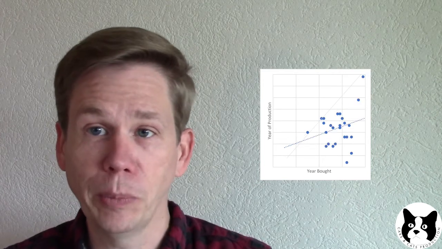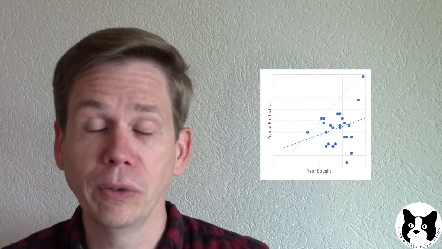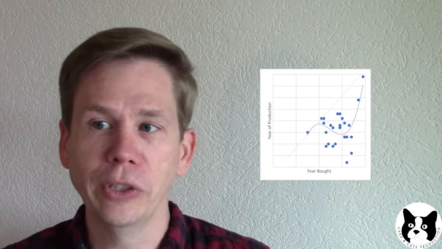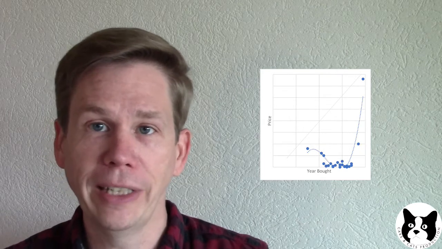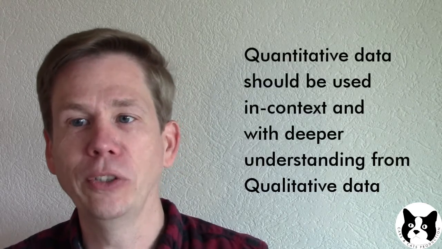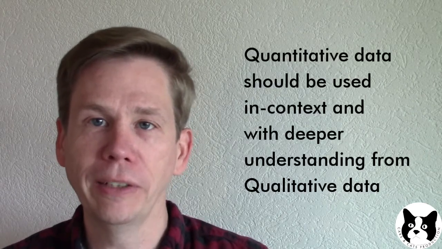If I have a lot of data points, actually I still have a lot of choices of how I can draw lines through those data points. And actually if I choose a different set of data, I can draw a completely different conclusion. So generally, if you just take raw data, you can actually make data fit any conclusion you want, which is why it can be a bit dangerous. So you really need it in context, and you really need that deeper understanding of the qualitative side.